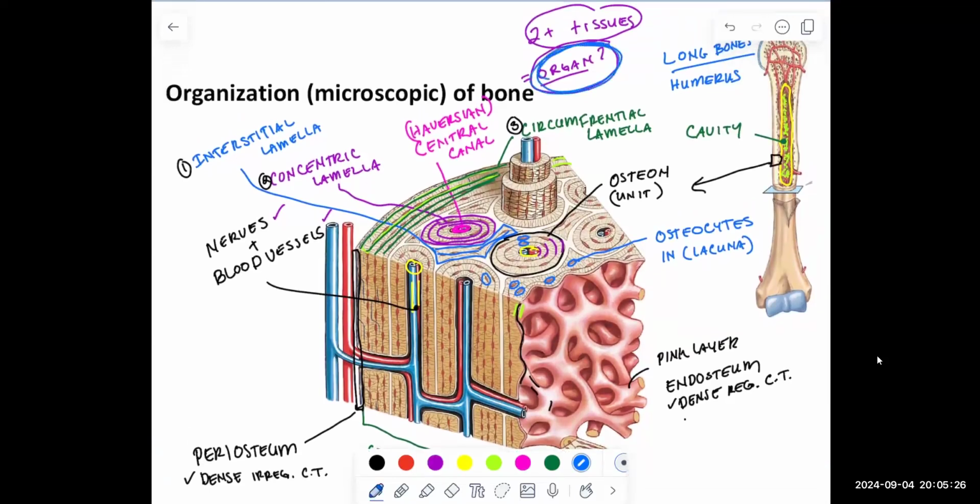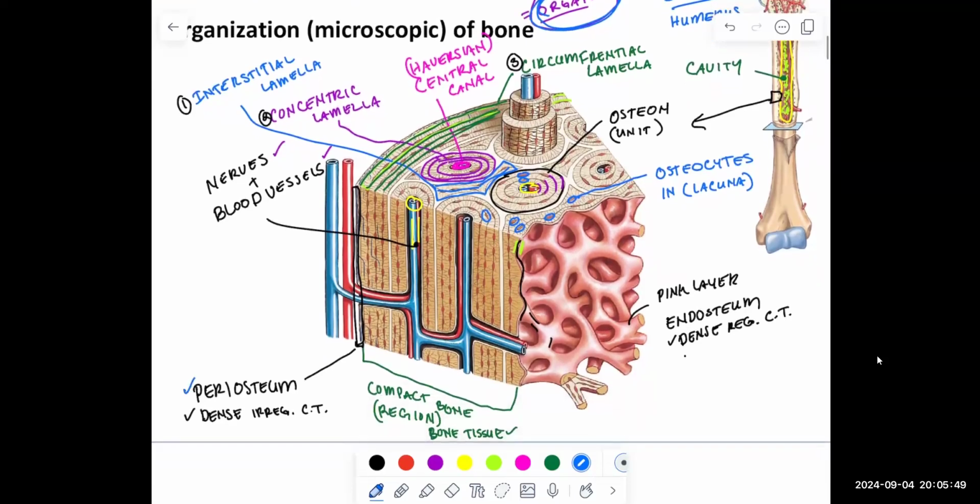Why is the femur an organ? Give me 5 examples. What do I mean by that? Give me 5 tissues. We're going to keep naming them. Don't you worry. So far, I've only shown you 3. The periosteum, compact bone, and endosteum. If you really count the nerves and the blood vessels, that's your 5.